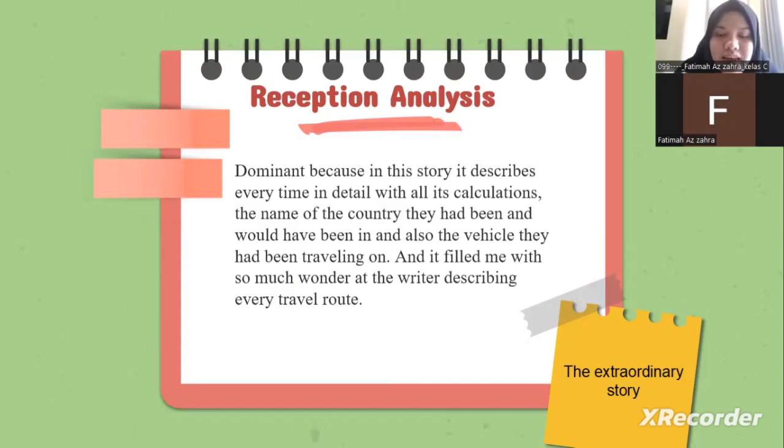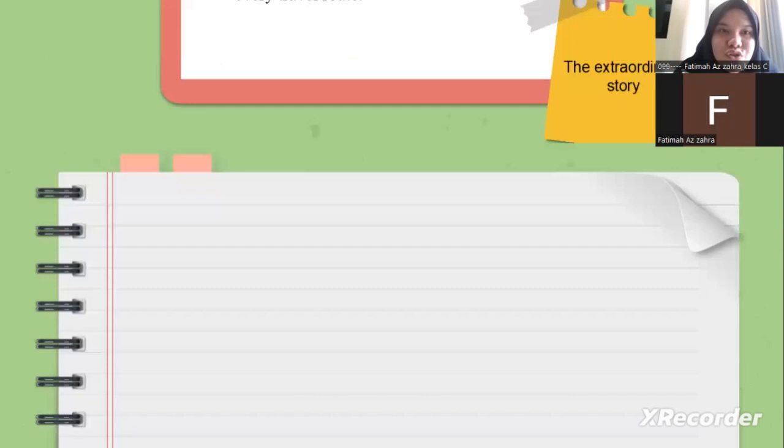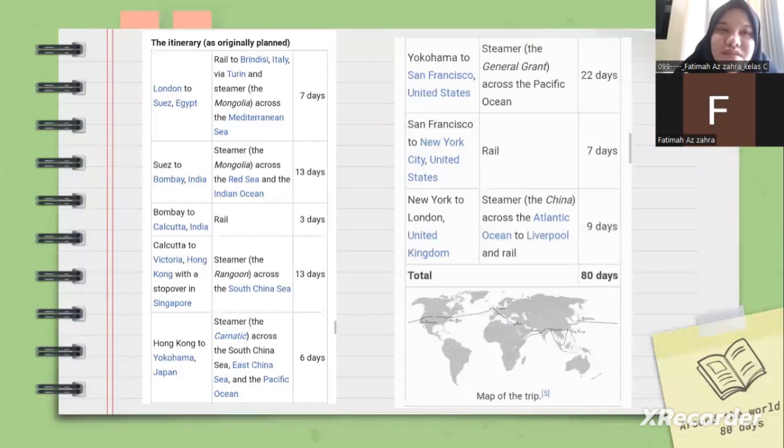In the next slide, I will show you the map of the journey. I thought the writer was very detailed in making this story. As you can see here, it's really complete, because the writer shows every country Fogg and his servant went through, puts every vehicle the characters used in this journey, and how many days they needed.